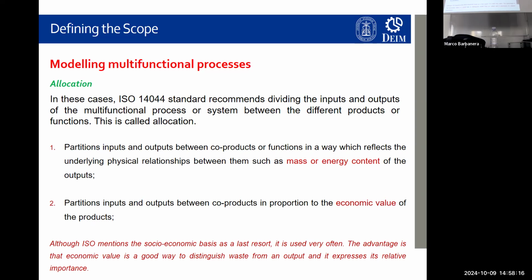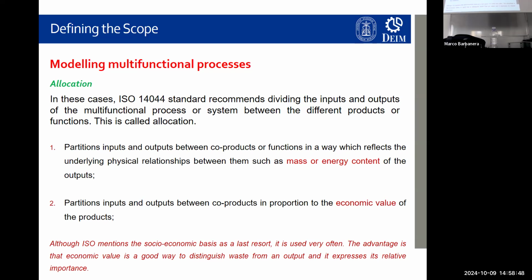On the other hand, the economic criteria could be better than the mass content, because in this case we have a better representation of the real situation, even if these two products are characterized by different uses.